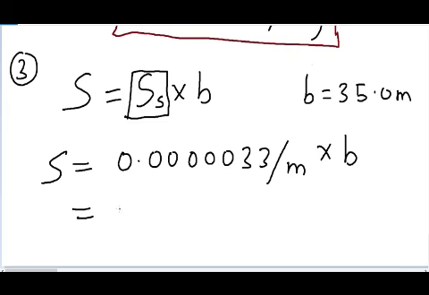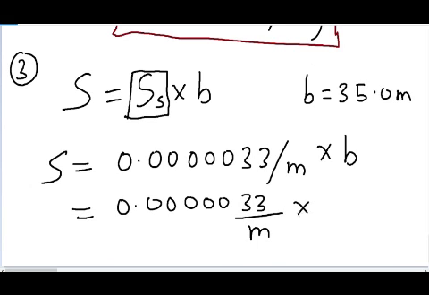So we have 0.0000033 per meter times 35.0 meters. So this unit will cancel this unit.